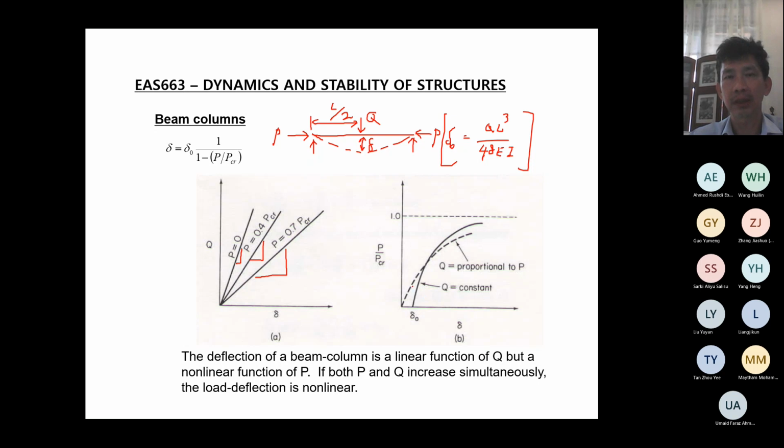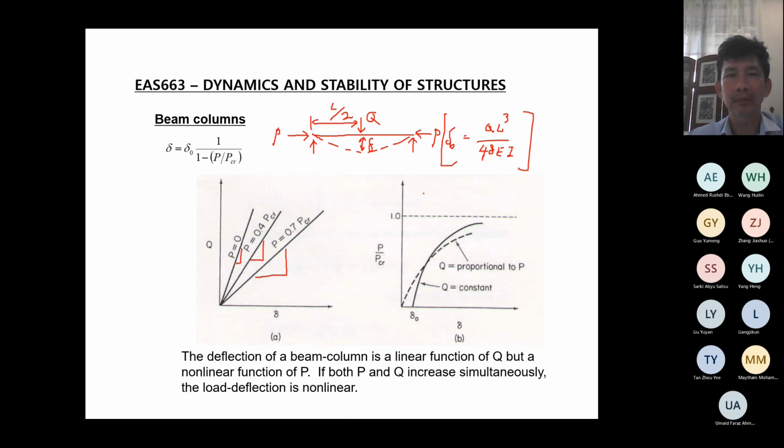And the dotted line here is where we increase the Q, and at the same time we also increase the P. So both Q and P are increasing. How do they increase? Sorry, this is the dotted line here. So we increase Q proportional to P. We fix the proportions, and we increase them.